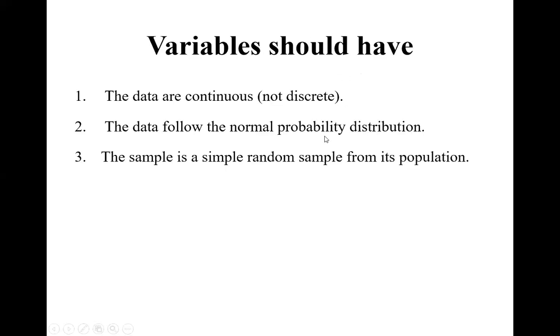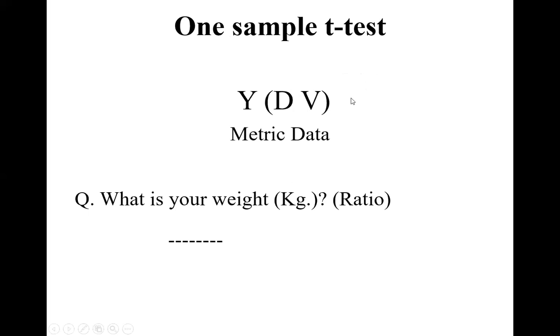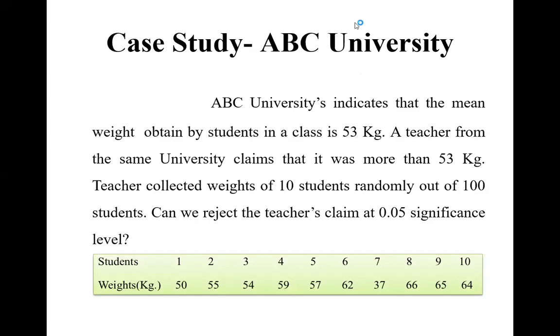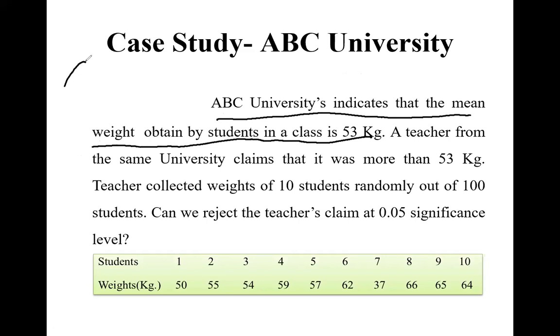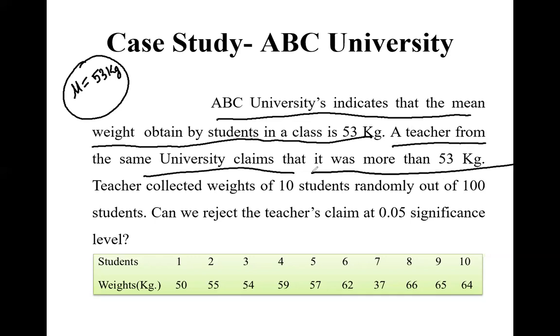Now the condition: the data should be continuous. Now the case study is this. It is a very simple case study. ABC University indicates that the mean weight of students in a class is 53 kg. The university says in our university the mean weight of a student is 53 kg, but a teacher from the same university claimed that it was more than 53 kg.